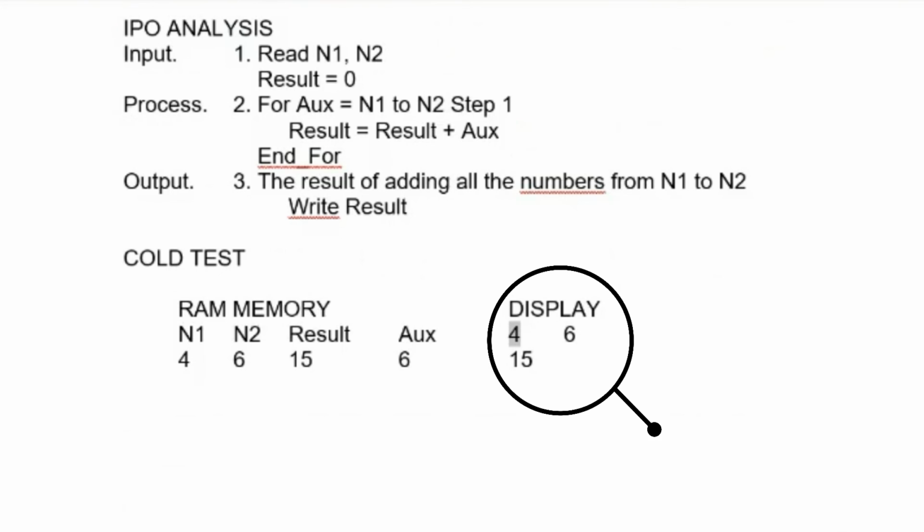Look, you receive two numbers, 4 and 6, and this is the result of adding 4 plus 5 plus 6. These are the numbers between 4 and 6, including 4 and 6, of course. Did you reach the objective? Yes, of course, you reach the objective.